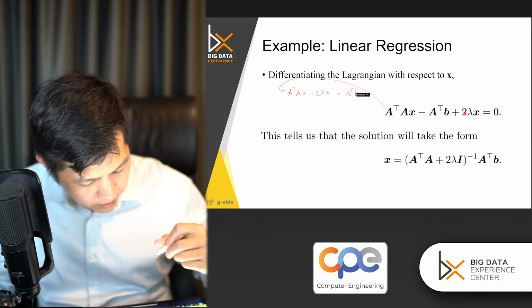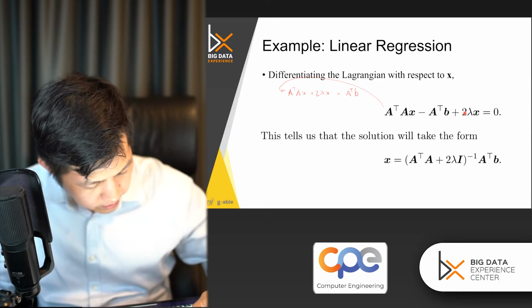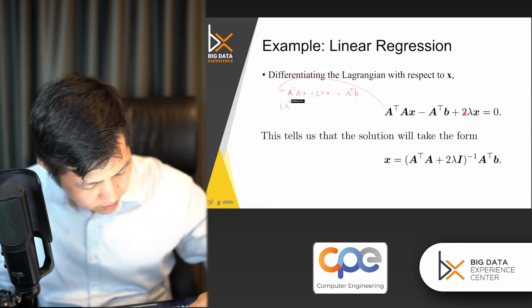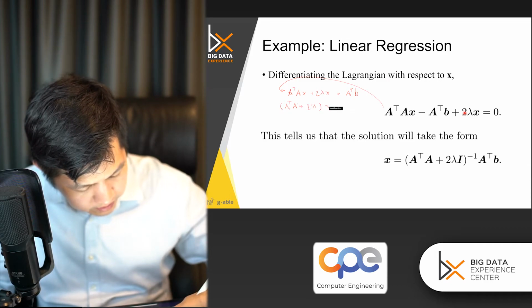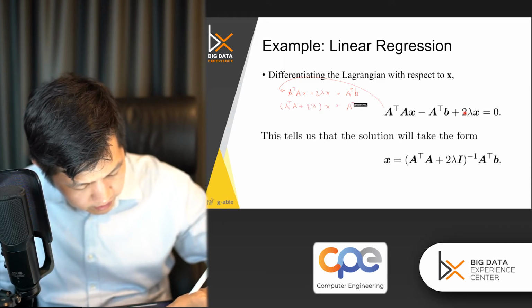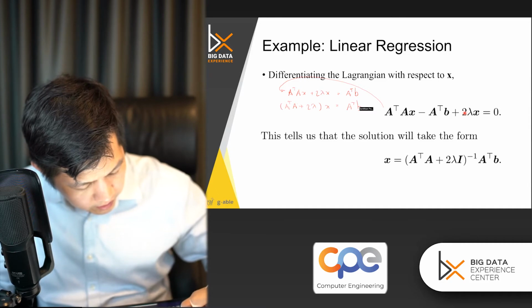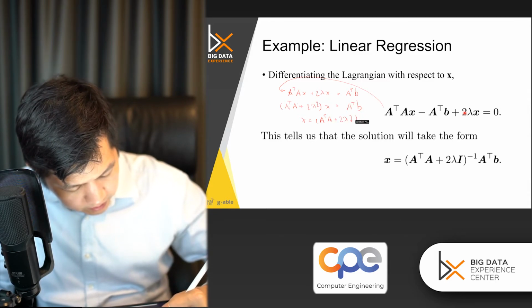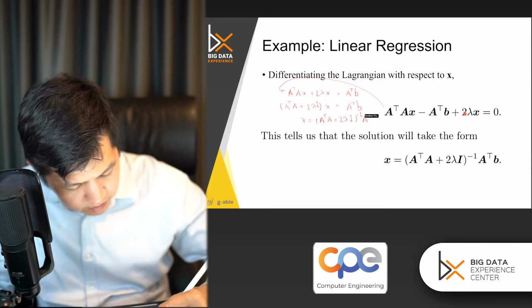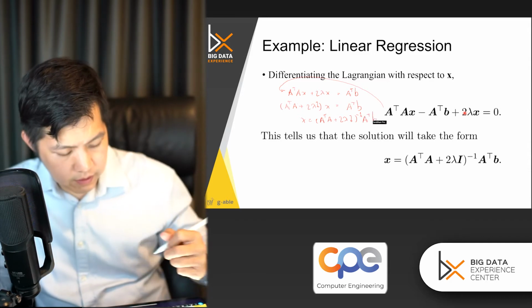And then we can pull x out. Then you get A transpose A plus 2 lambda, times x, equals A transpose b. And x would equal A transpose A plus 2 lambda, inverse, times A transpose b.